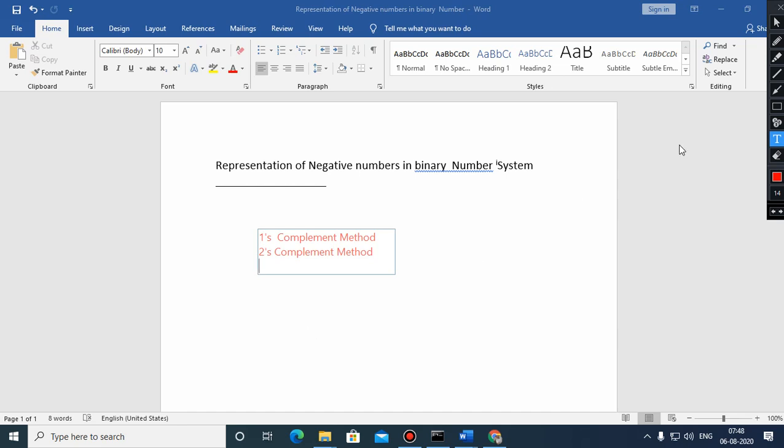One thing you have to remember is that if we want to represent any binary number, it will be in either 4 bits, 8 bits, 16 bits, 32 bits, 64 bits, or 128 bits, that is, in terms of powers of 2.